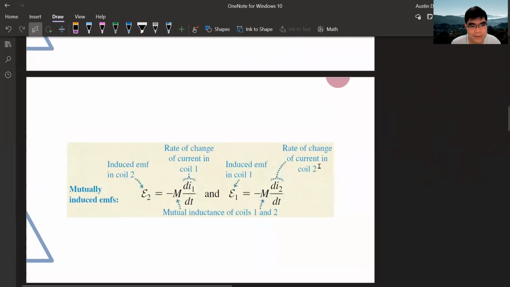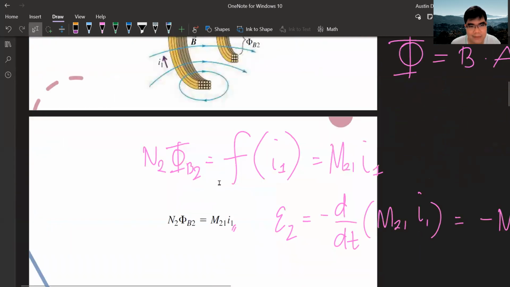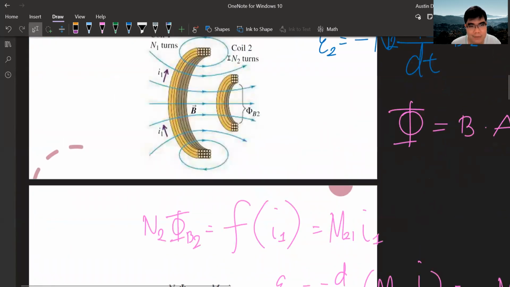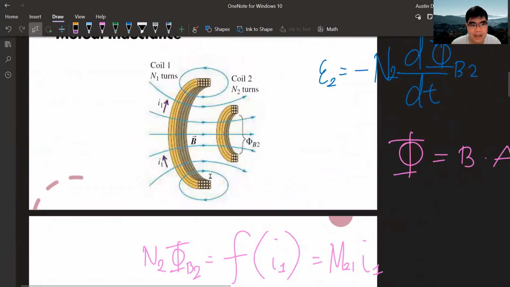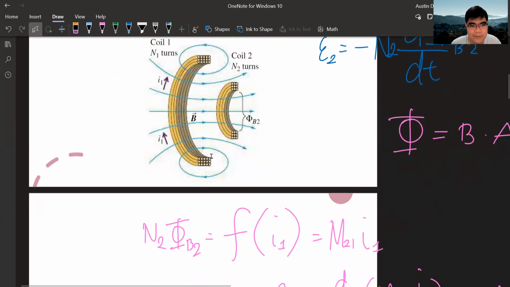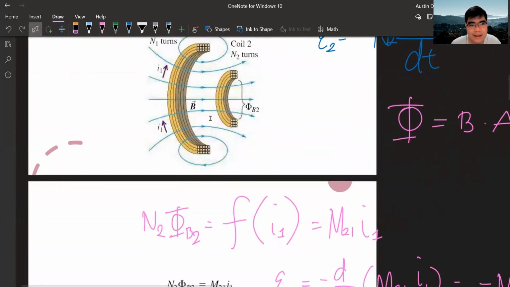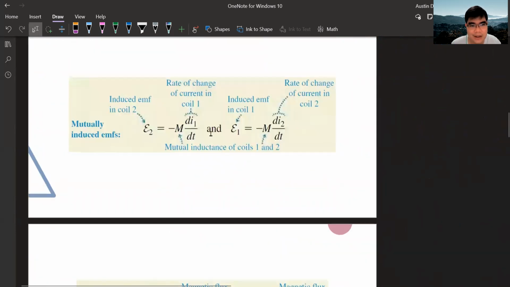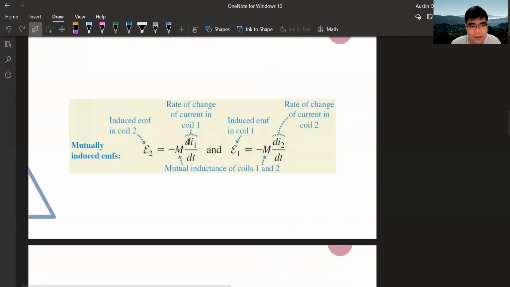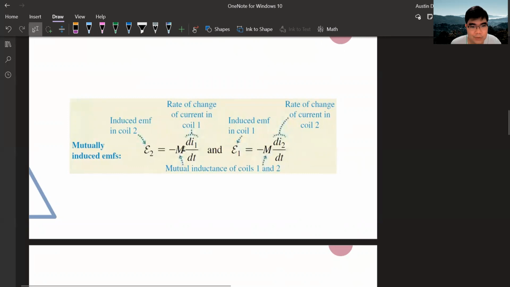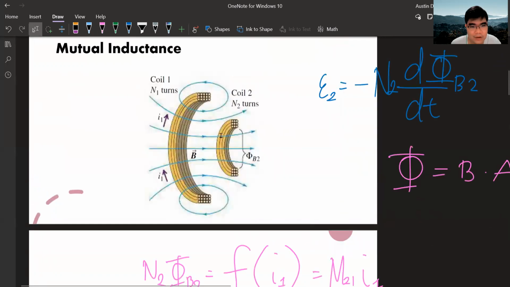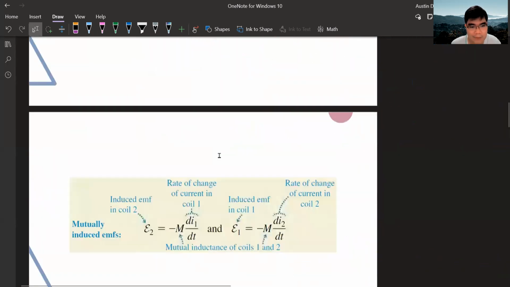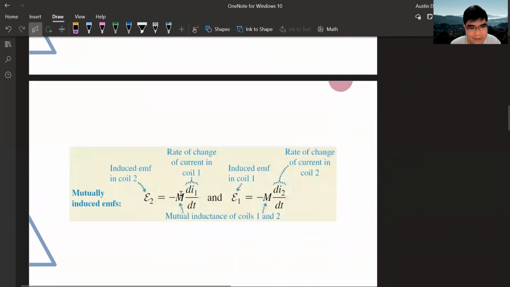Okay, so that's very useful sa atin kasi when we have a setup, si M nagdedepende lang siya sa setup mo. It doesn't depend on the amount of the current that is inserted, no? Okay? So for those loops of wires, isa lang yung M, isa lang yung mutual inductance. Ayan.